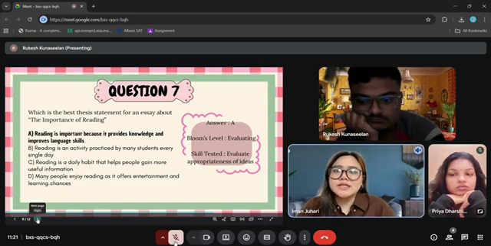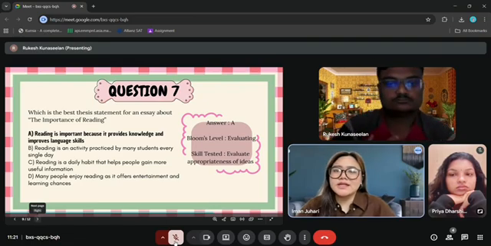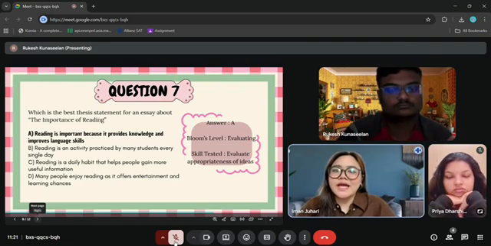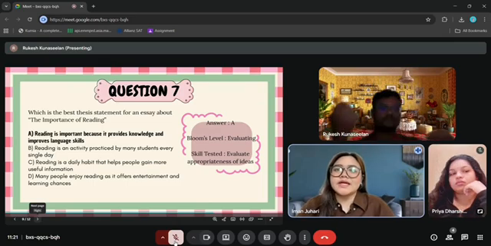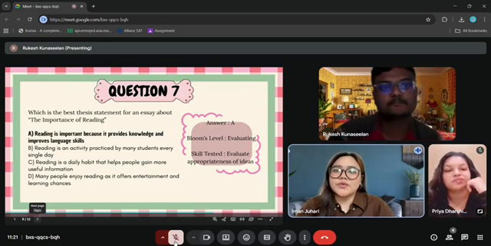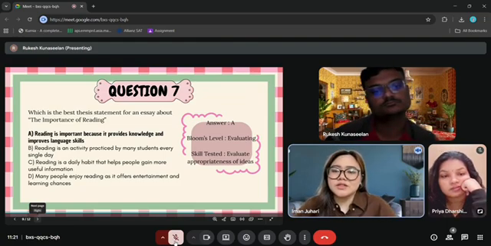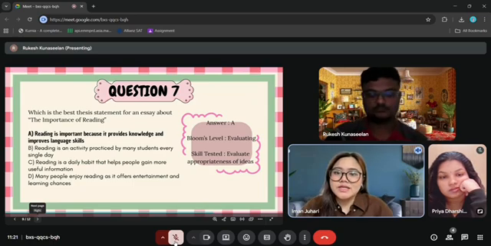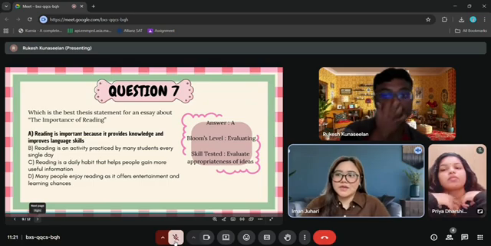B. Reading is an activity practiced by many students every single day. C. Reading is a daily habit that helps people gain more useful information. And D. Many people enjoy reading as it offers entertainment and learning chances. So the answer is A. Reading is important because it provides knowledge and improves language skills.